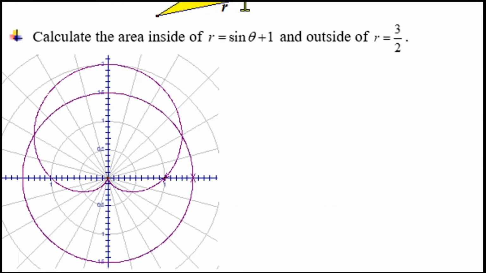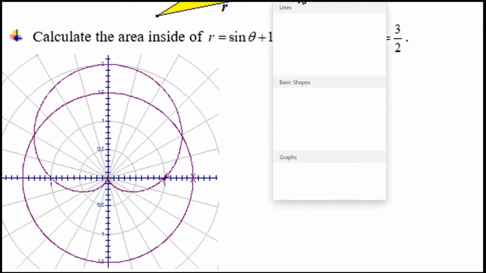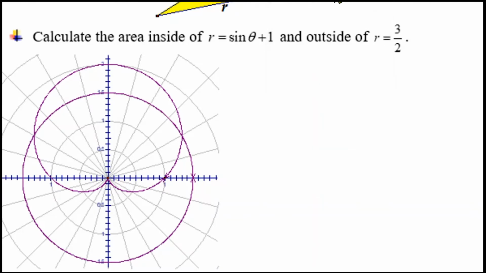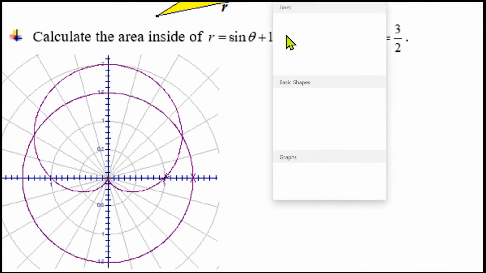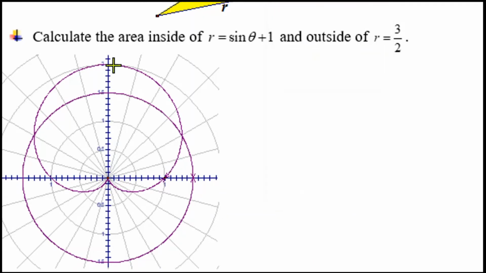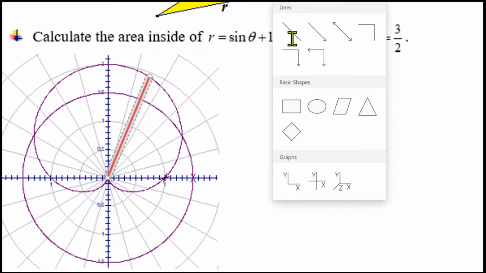Okay, I don't have a sector drawing tool, so I'm going to have to do it with a line. I'm going to draw this tiny little one somewhere here. And I'm going to draw another one.